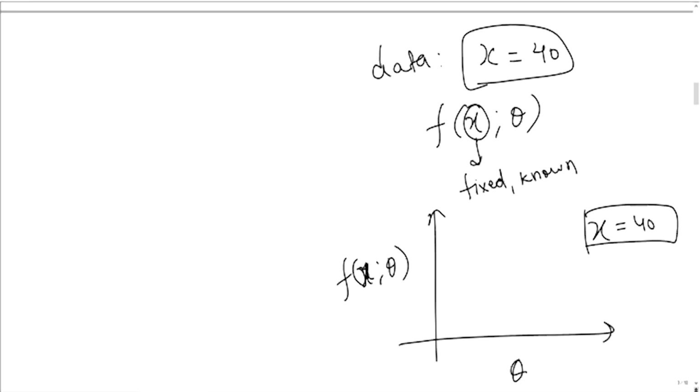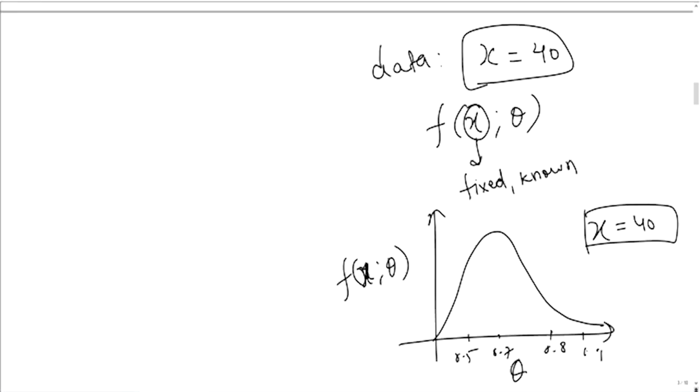This time the graph you are drawing is with respect to theta. So, let us say here is 0.7, here is 0.5, here is 0.8, here is 0.9, something like this. So, this is a graph of this probability density function with respect to theta.